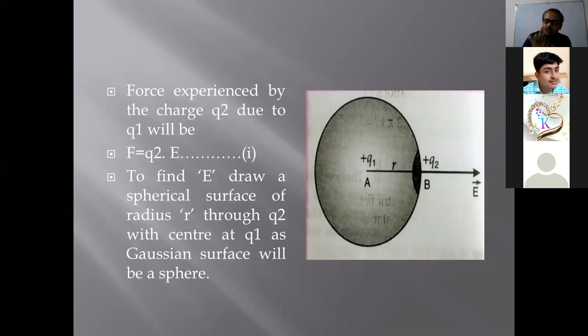Now, in order to find this E, what do we do? We consider a Gaussian surface, which will again be a sphere of radius r passing through B. It will be a Gaussian sphere passing through B and also having the radius r.